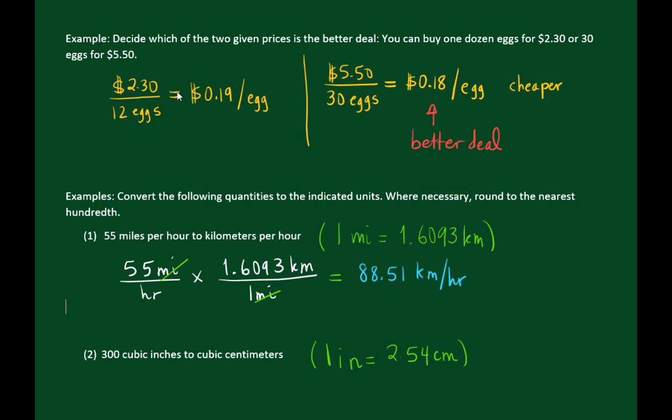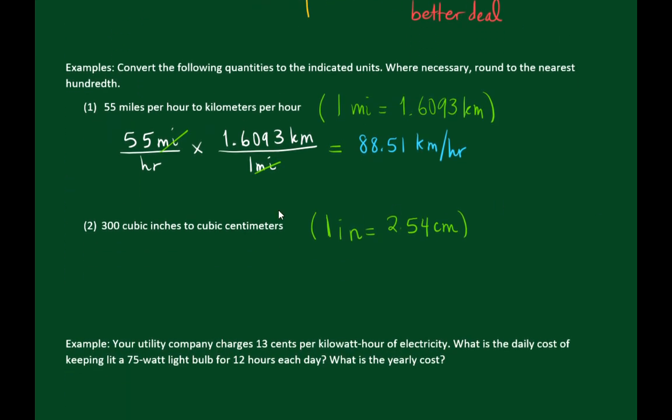Now in the next problem you have to be a little bit careful, because now you try to convert cubic inches into cubic centimeters. This is not going to be given to you as a formula. In the formula you get the conversion factor for length, like inches to centimeters.